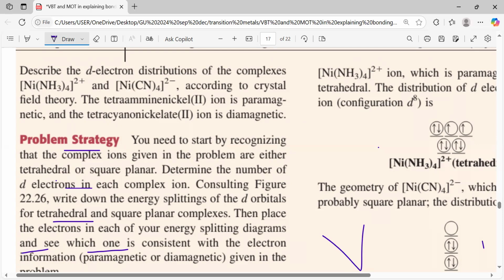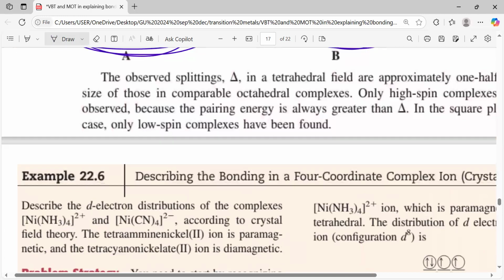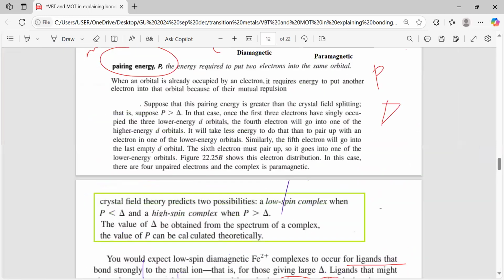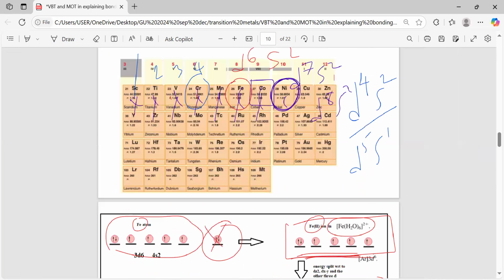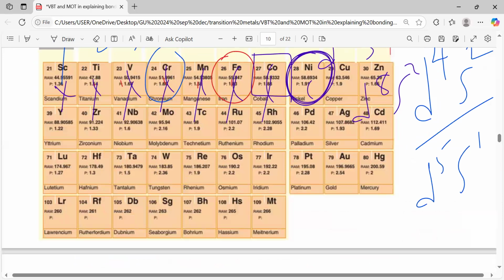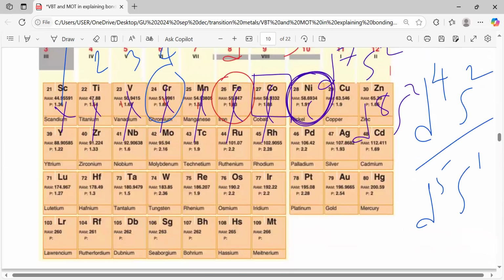I have to look for nickel, so again I must scroll to the periodic table. It is a matter of using the periodic table throughout. You can't do without it. Nickel is 1, 2, 3, 4, 5, 6, 7, 8. So it's a d8. Nickel is d8.